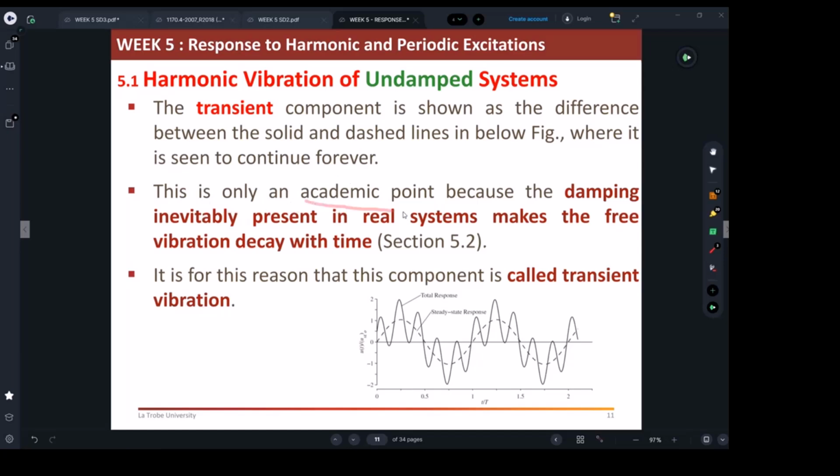And this is only an academic point of view, because damping is invariably present in real structures, as I was talking about, and it makes the free vibration decay away. So all those vibrations will go to zero, and we can easily cancel them. That's why they sometimes call this free vibration transient as well, because it's temporary. It's not continued. The shaking I was talking about while it's moving will go away from the system.